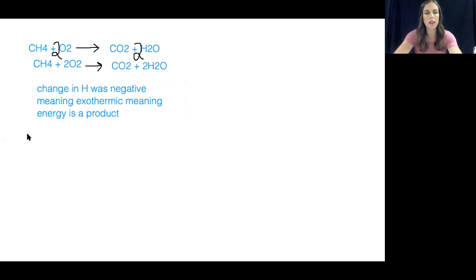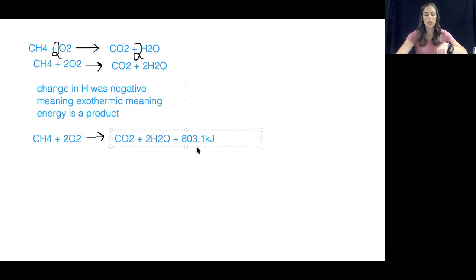So if I were to rewrite this completely, CH4 plus 2O2 is going to produce CO2 plus 2H2O plus 803.1 kilojoules, because that's what they gave me in my equation.